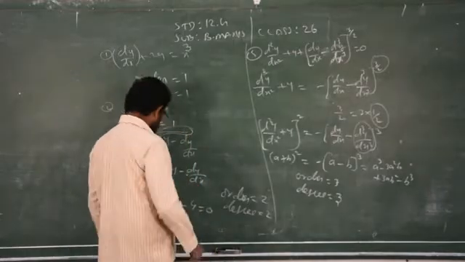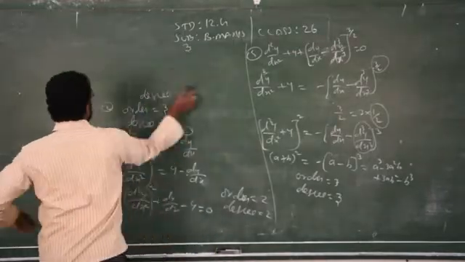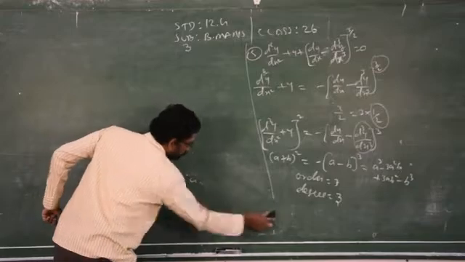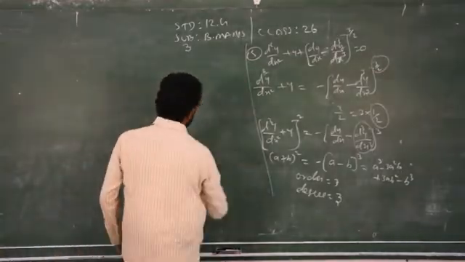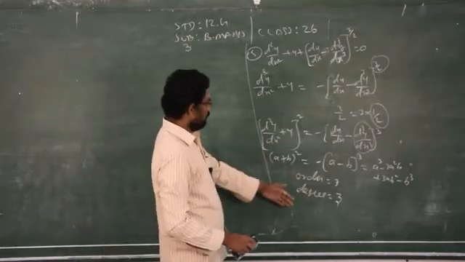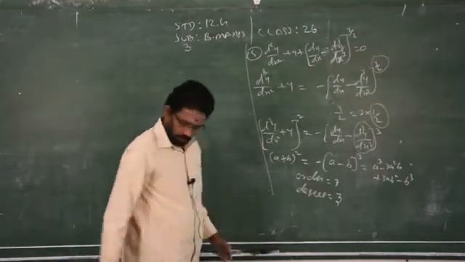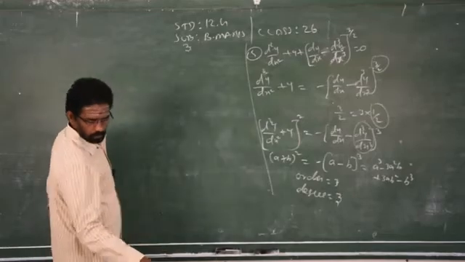Likewise, see sum number 6. Maximum they will ask in objectives, but these types of questions they will ask in either 3 marks or 2 marks. So sum number 6.